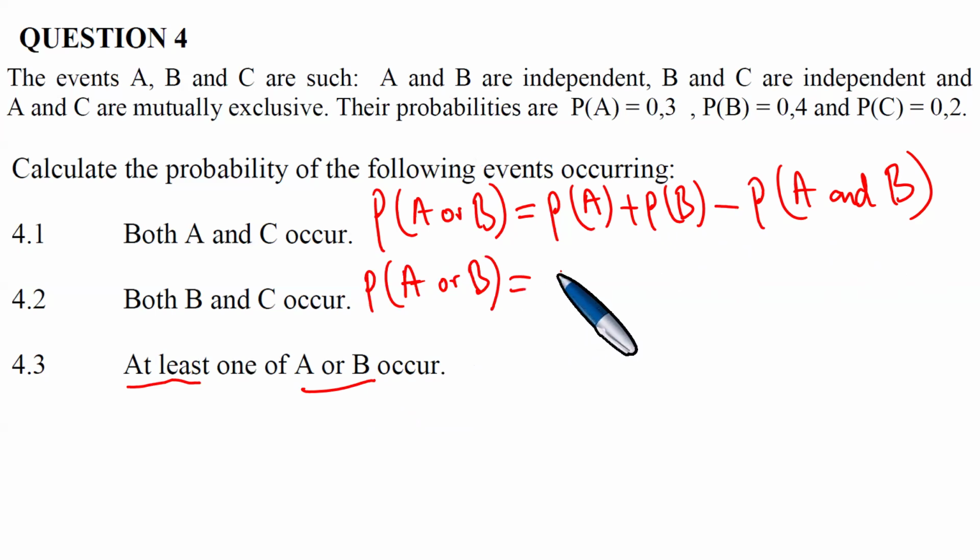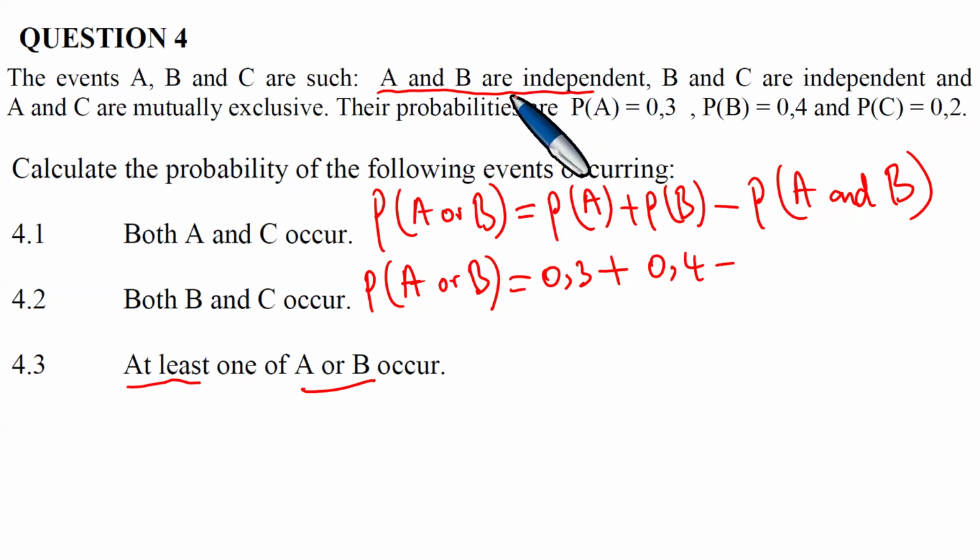What is the probability of A? It is actually 0.3, plus the probability of B, 0.4, minus the probability of A and B. Right, and whenever A and B appear, we are back to the question: what do we know about A and B?